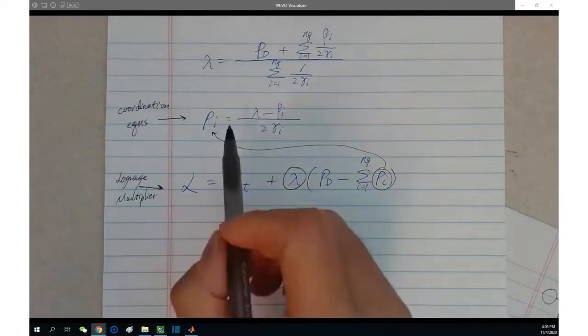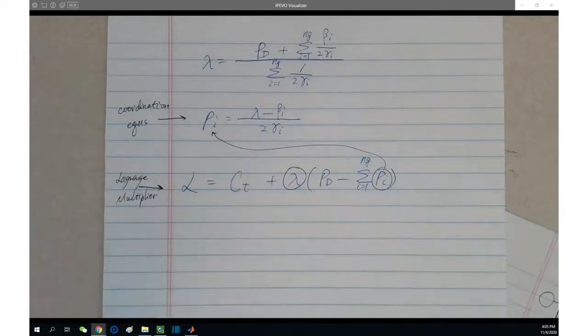So after the coordination equations, you end up with multiple P_i's, and the sum of them should be equal to what? P_D. Remember, the constraint is P_D equals the summation of P_i.